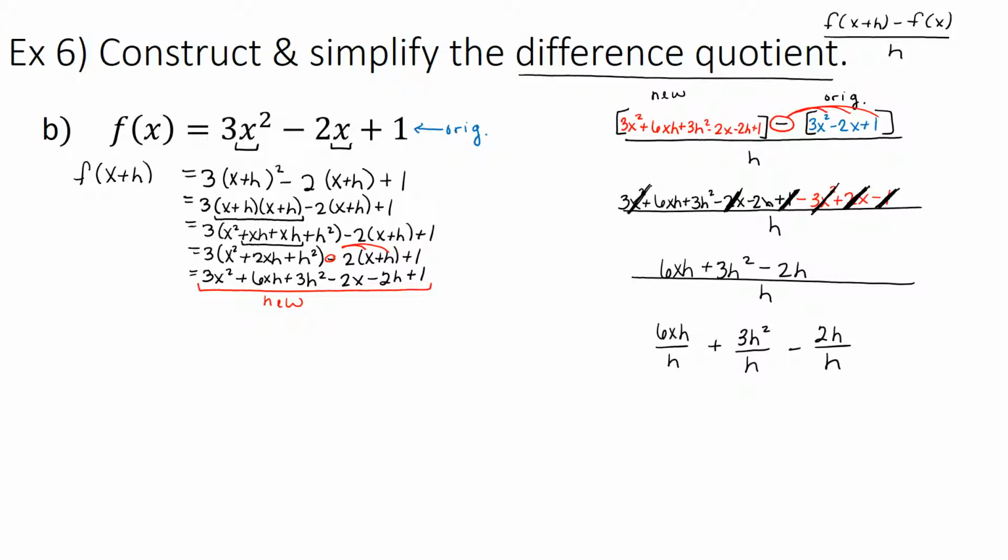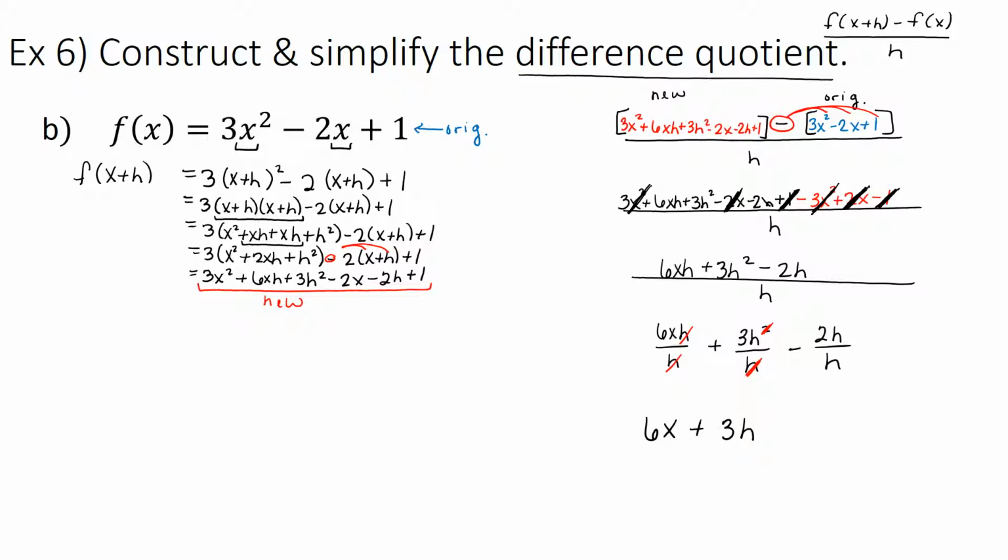And so now we carefully start to simplify. In your first term, 6xh, the h's do reduce, which leaves you with 6x as your first term. Your second term, we see if there's any way to reduce this, and h squared divided by h, one of the h's reduces with the denominator, so it leaves you with just a plain 3h.